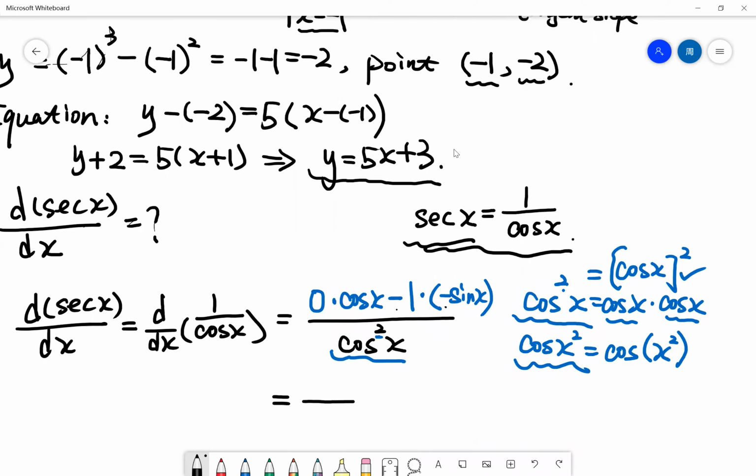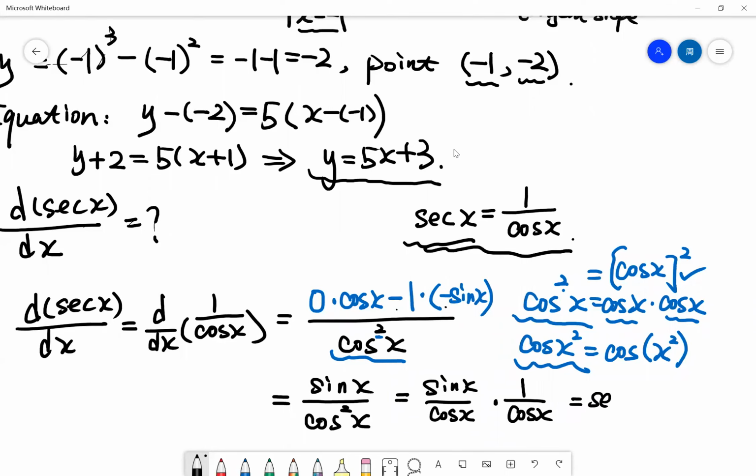So here, that is sine x by cosine x squared. And that equals sine x by cosine x times 1 by cosine x. So that equals secant x times tangent x, because this part is tangent x, and 1 by cosine x equals secant x. So here is the solution for d secant x by dx.